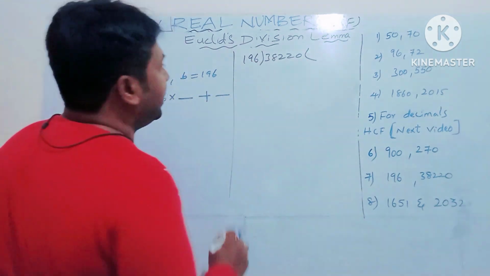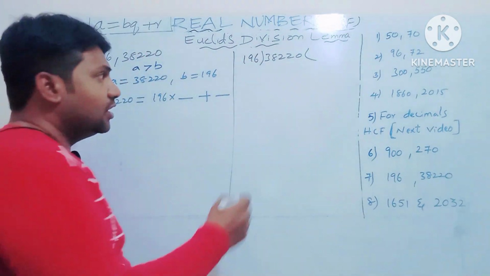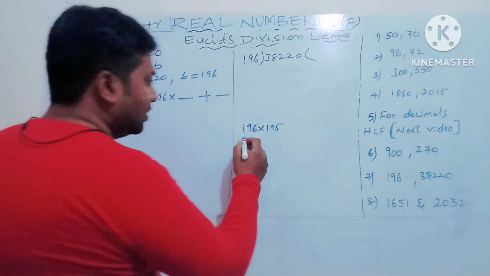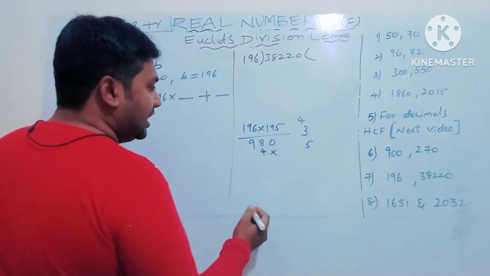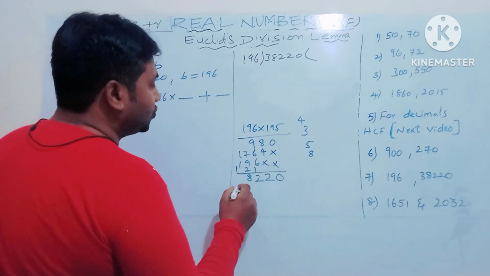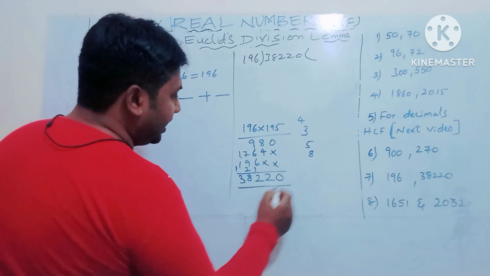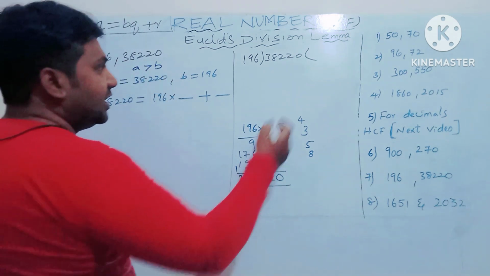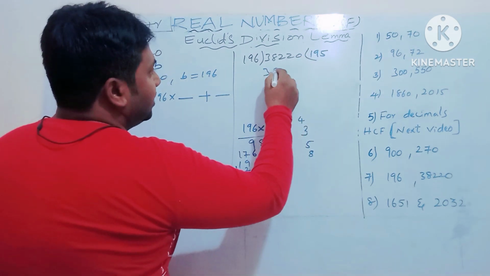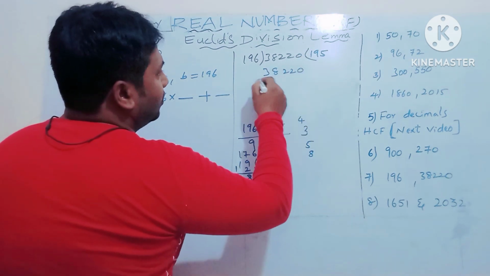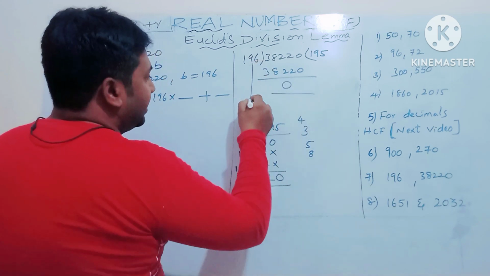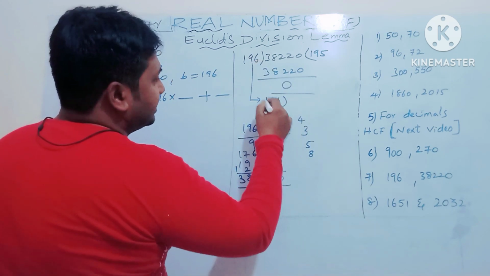If I multiply 196 into 195, we get 38220. So directly you can write 38220 equals 196 into 195, and our remainder is 0. The remainder is 0 and our HCF is 196.